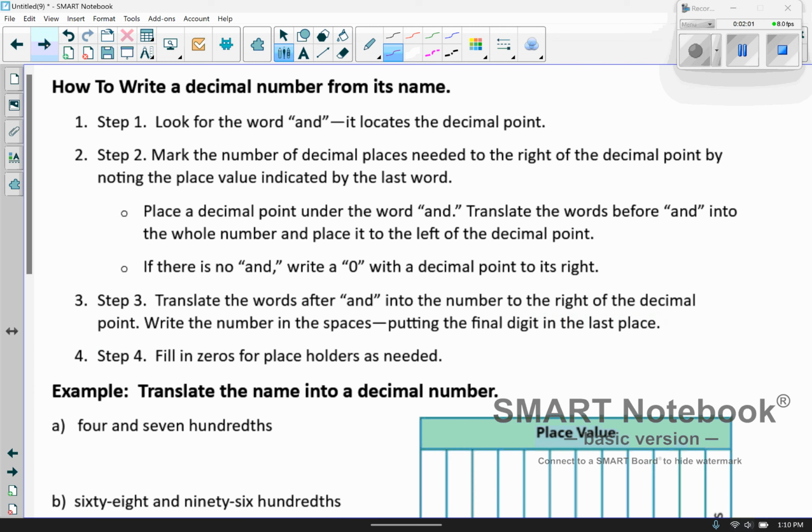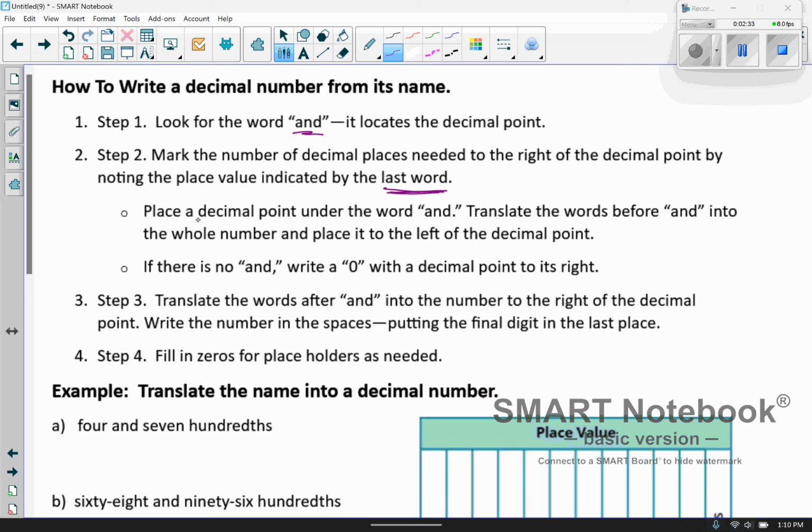So how do we write a decimal number from its name? Step one, you want to look at the word and. It locates the decimal point. So when you see the word and, that'll tell us where the decimal place is going to be. Mark the number of decimal places needed to the right of the decimal point by noting the place value indicated by the last word. I have a chart down here we're going to use to help us with that.